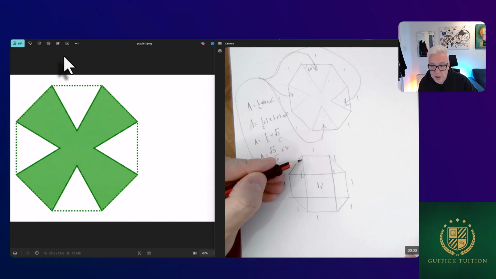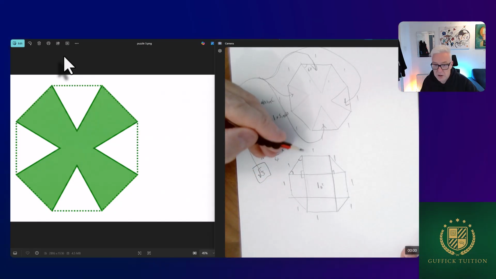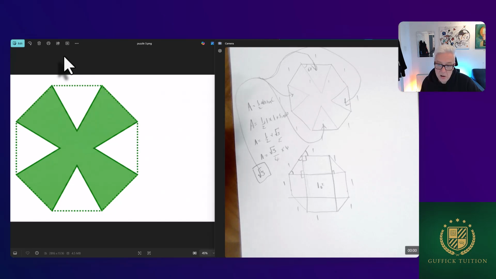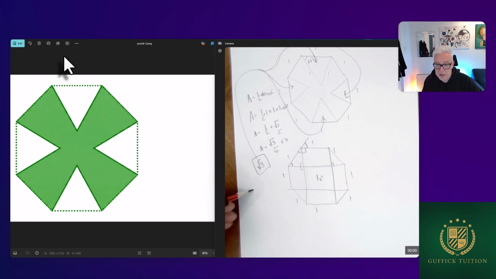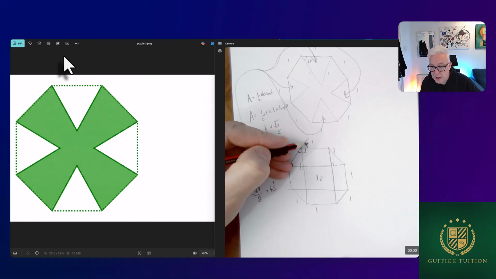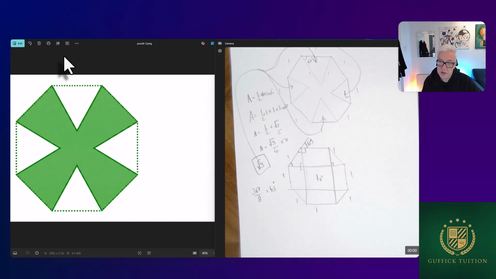In order to do that, we need to know what this angle is. I think a good way to find out this angle would be to use the exterior angle of a regular octagon. The exterior angle is going to be 360 divided by 8, which is 45 degrees.